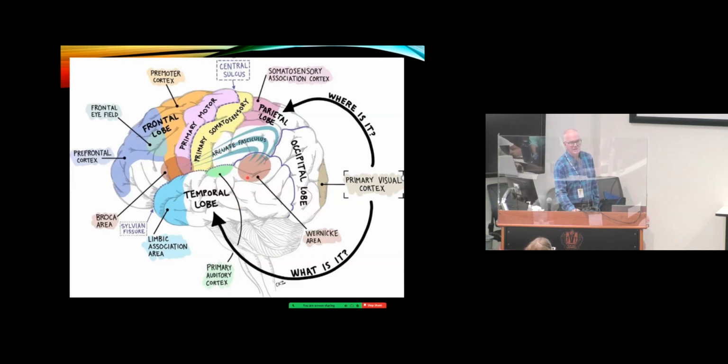This is actually where you read. So the vision goes back to the occipital lobe, but the what is it? Identifying an object, looking at a car, knowing what type it is, or looking at a word, being able to identify the word or someone's face. All of the what is it function goes from the occipital lobe to the temporal lobe, most importantly, Wernicke's area.